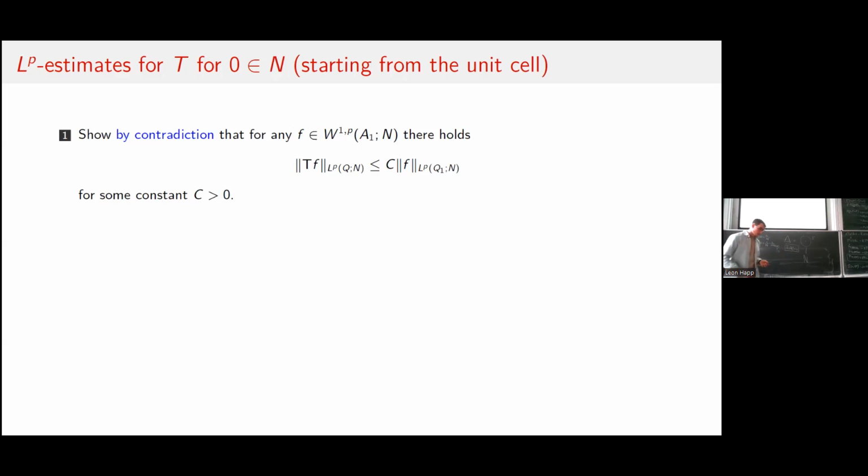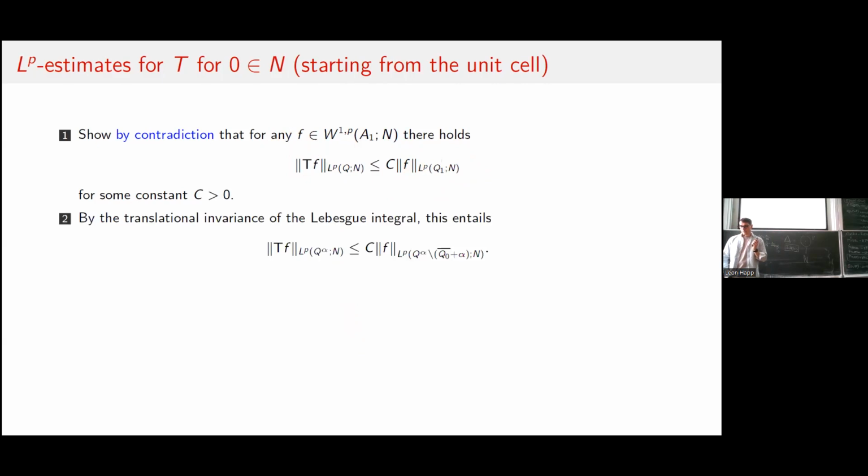But if 0 is in your target manifold, you have to apply a contradiction argument to show that on the level of the unit cube you really have the estimate you want: the LP norm of your extension is bounded by the LP norm of the original function. Then you know that this is also true on all of the translated cubes.